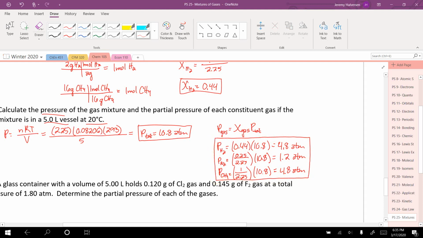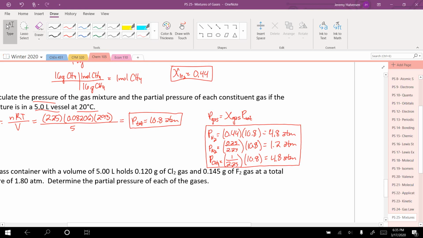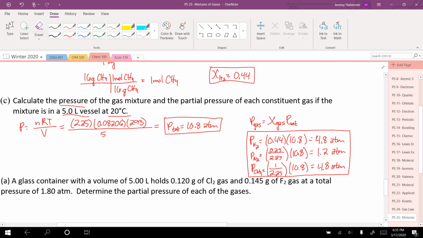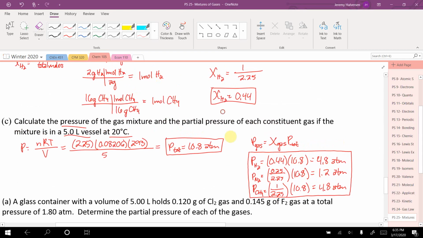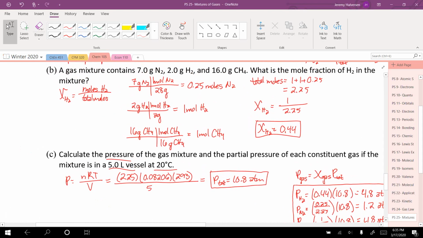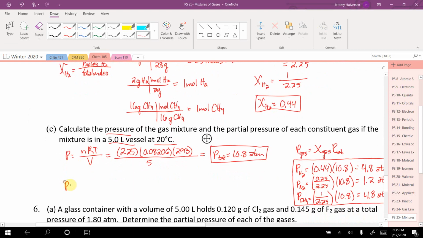I said another way to think about partial pressure is to think about if that gas particle was the only species in your gas, how much pressure would be exerted. In other words, if I wanted to find the partial pressure of, let's say, N2, then I could use the ideal gas law.